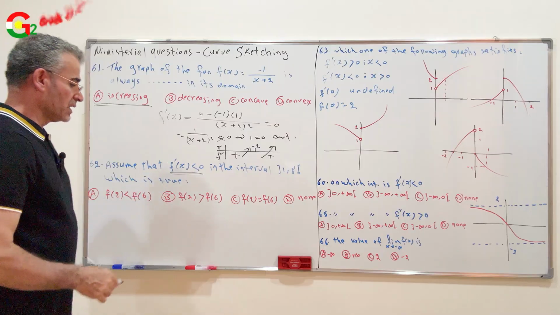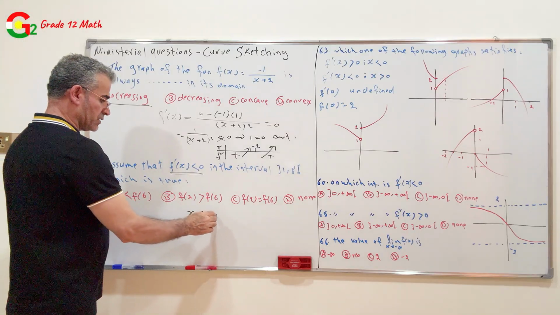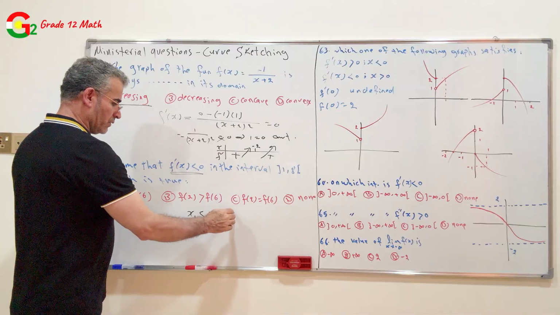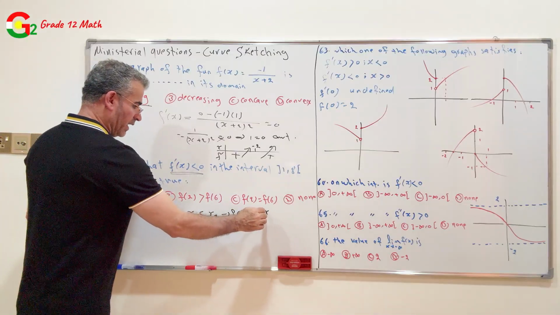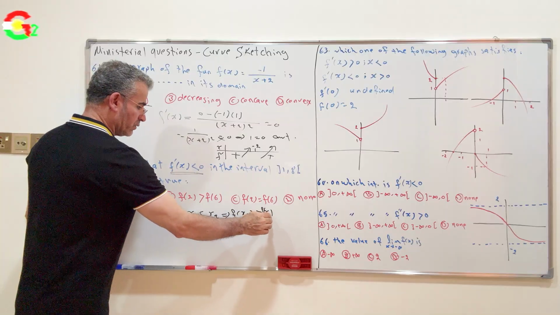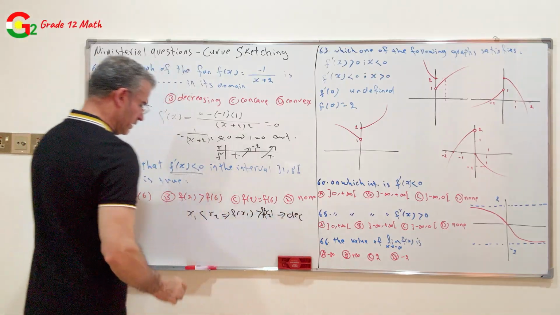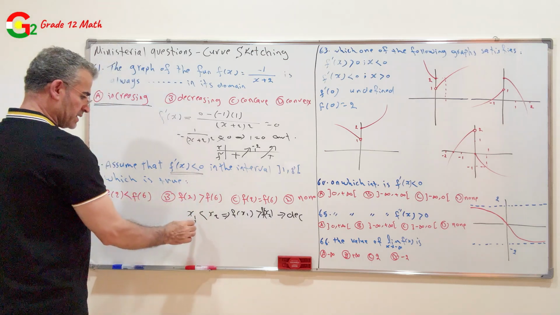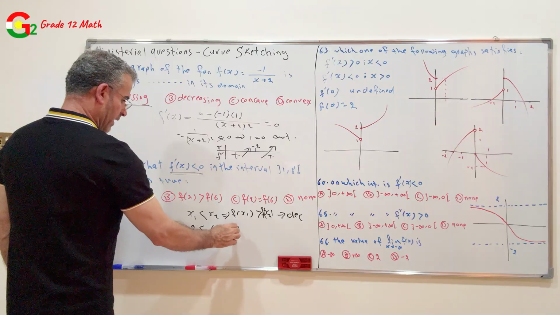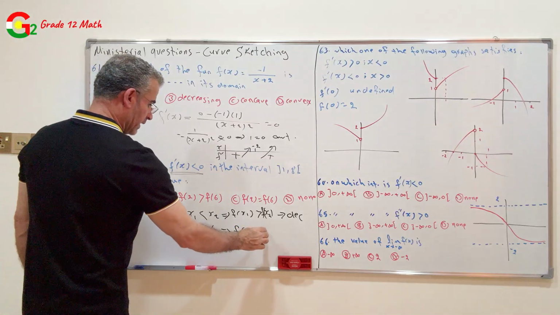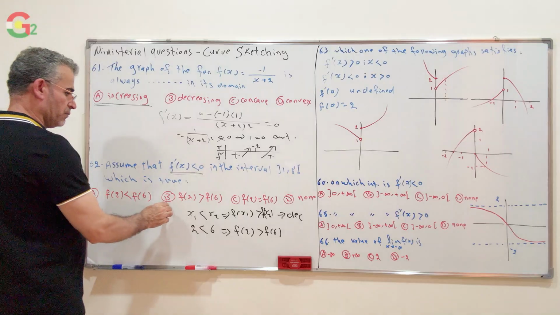Since the function is decreasing, then x1 less than x2 gives you f of x1 greater than f of x2. This is for a decreasing function. Now we have 2 and 6. 2 less than 6, then f of 2 greater than f of 6. The right choice is B.